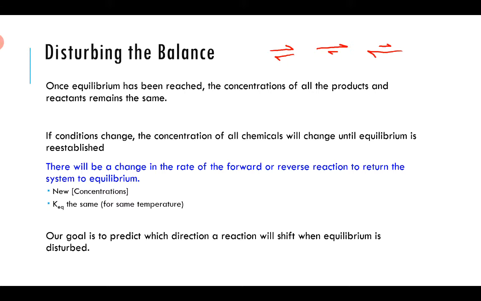But we can just dump in a whole bunch of reactants, and that's going to change the rate of either the forward or backwards reaction, depending on what we're doing. Are we adding more reactant? Are we adding more of the products? Are we changing the temperature? And so our goal is to predict which direction a reaction will shift when our equilibrium is disturbed.